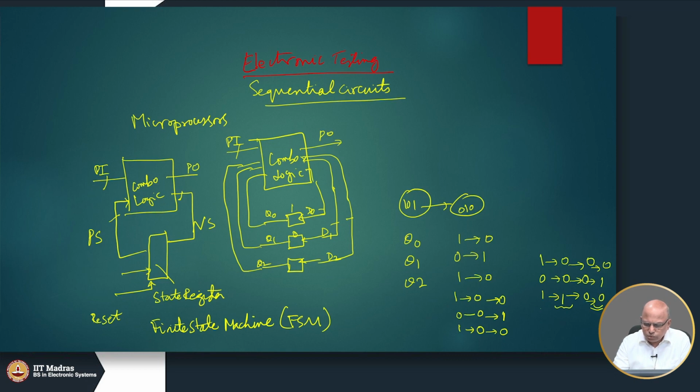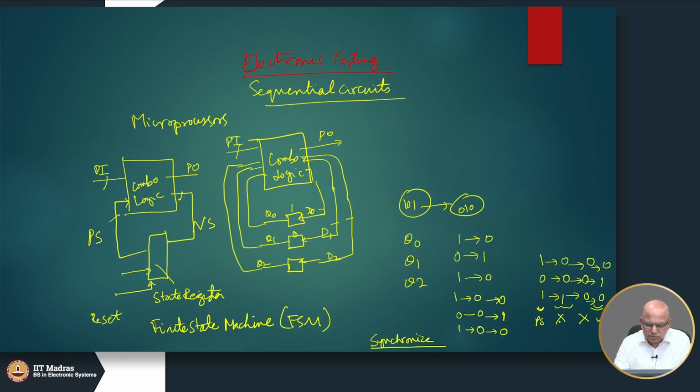So, we need to synchronize, we need to be able to tell this machine when the next state is ready. If this is the previous state, this is not the next state, this is not the next state, this is the correct next state.